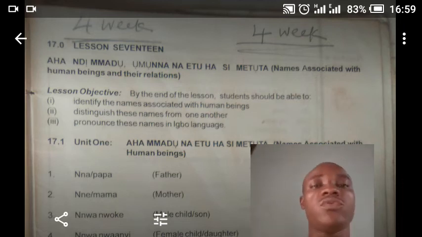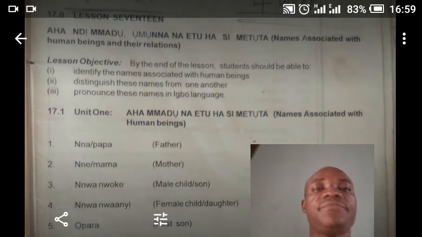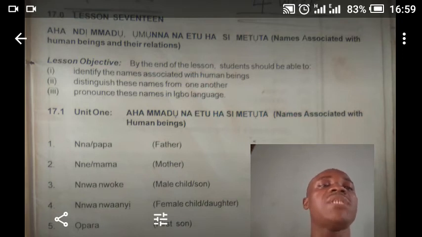So today we are going to be looking at the aha ndị mmadụ, ụmụnna na etu ha si metụta. That is, names associated with human beings and their relations.